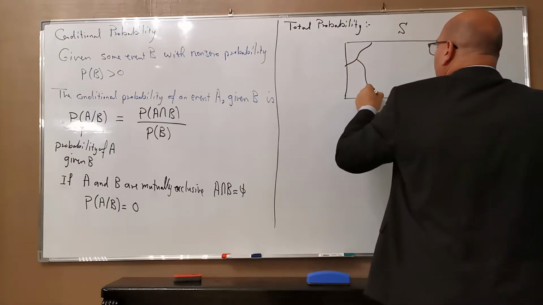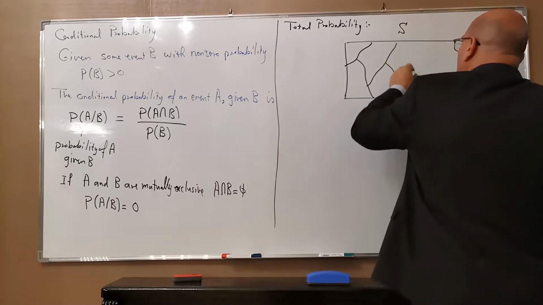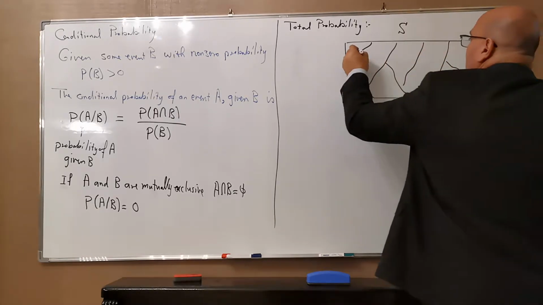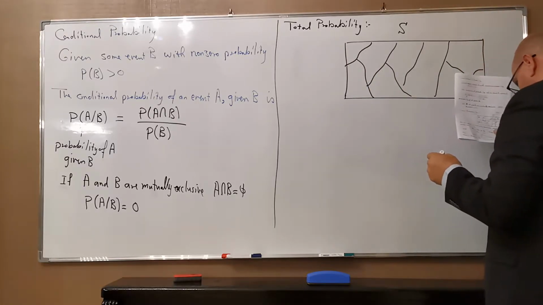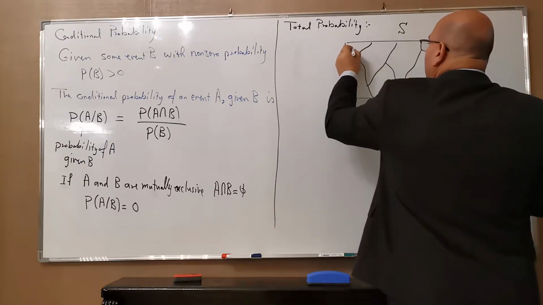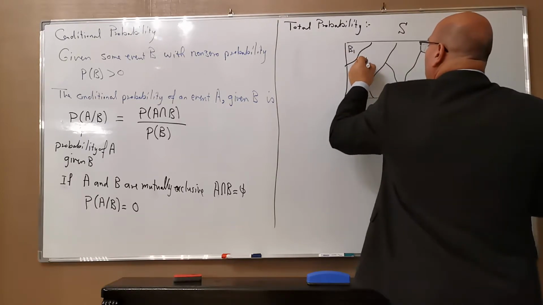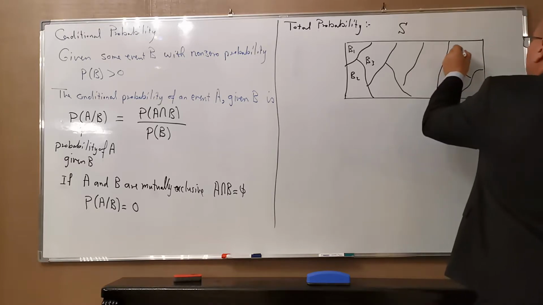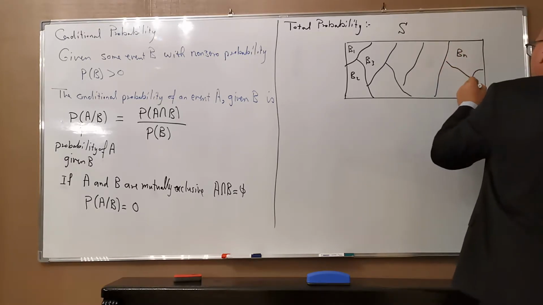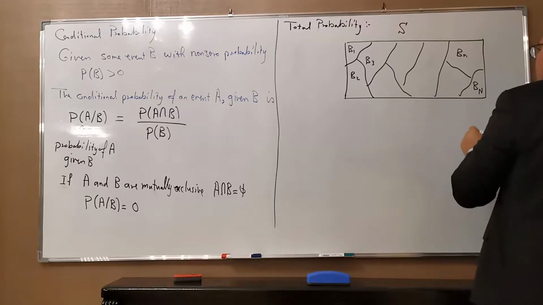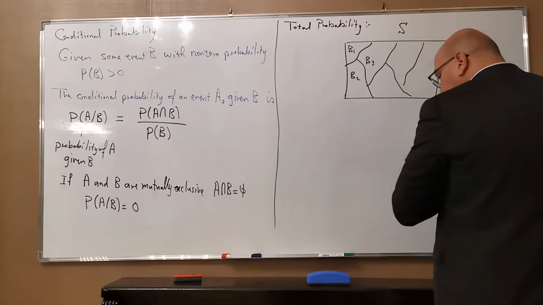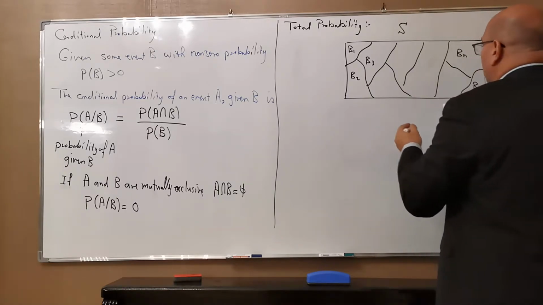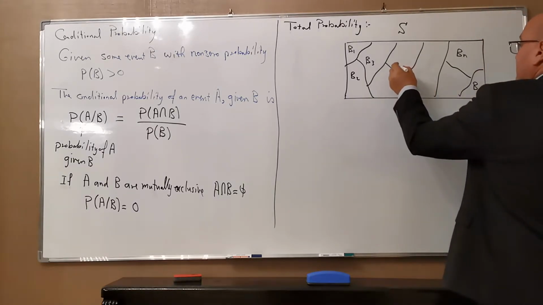It is divided into so many disjoint events. So this one is B1, B2, B3, and this one is B sub n, and this one is B sub capital N. And we will define an event A over those mutually exclusive events.